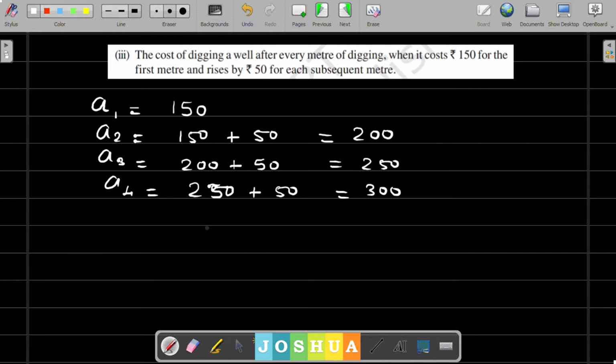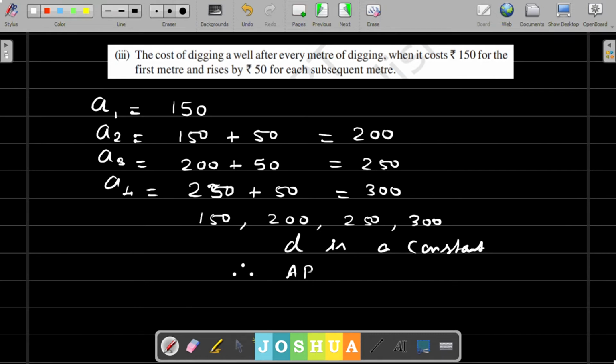And if you write the numbers here, 150 for the first meter, up to 2 meters you have to pay 200, up to 3 meters you have to pay 250, up to 4 meters you have to pay 300. And if you analyze the difference here, D is a constant, therefore it forms an AP.